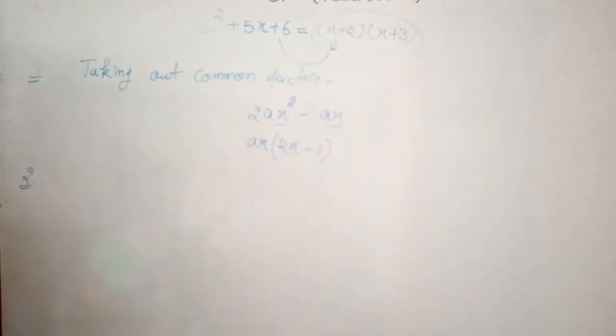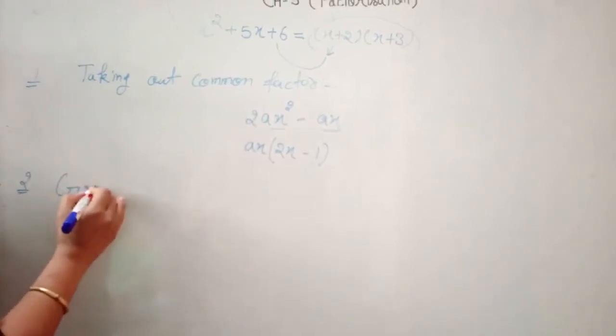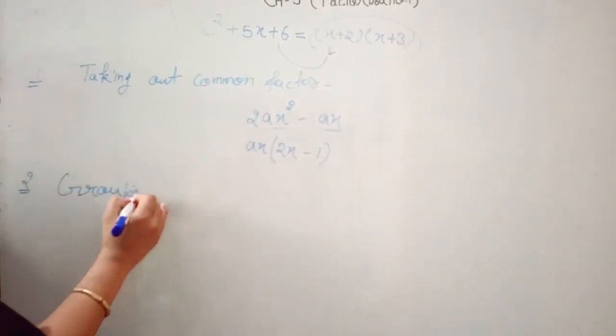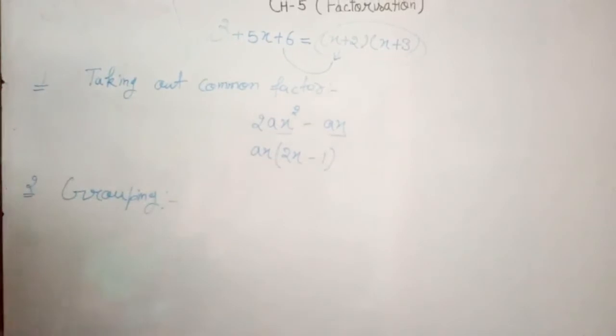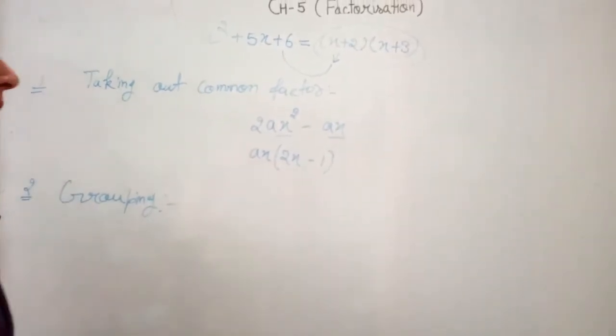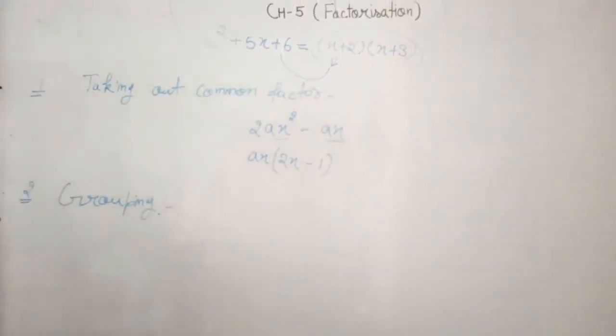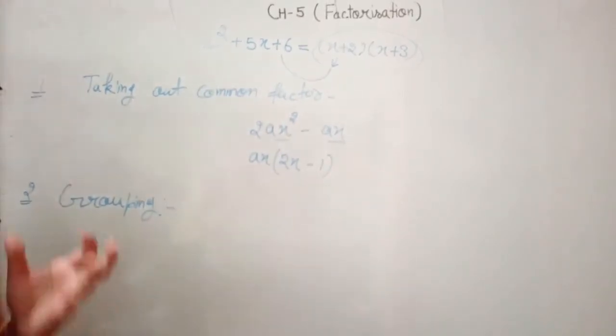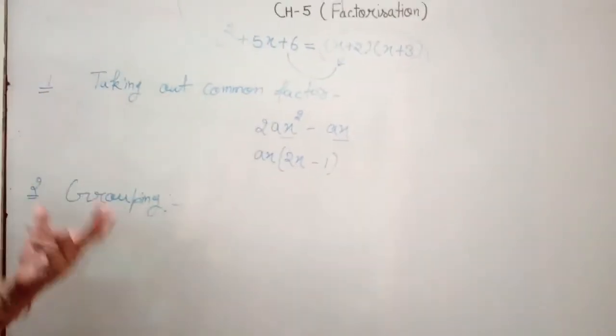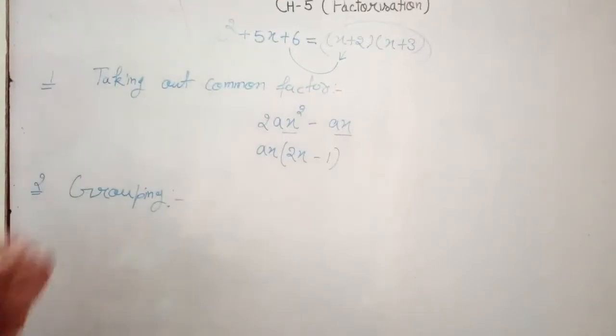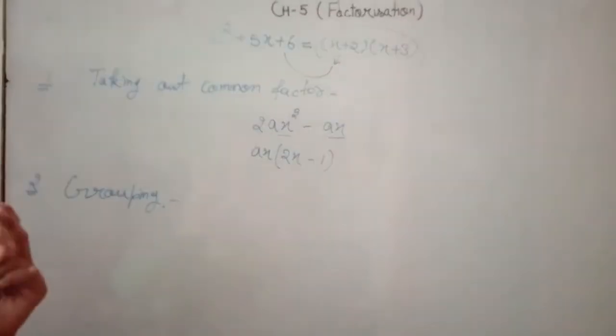Then we have the second method. First is common factor, second is grouping. Students, in this method there is an even number of terms, and we arrange the terms in groups such that each group contains a common factor.